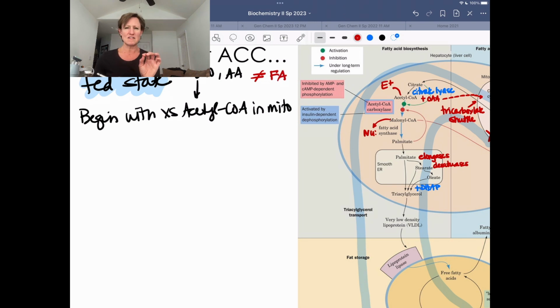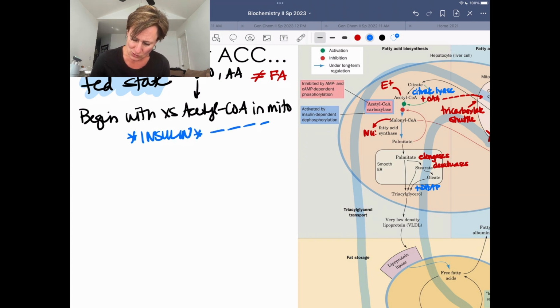If you have broken down fatty acids into acetyl-CoA, you are not going to then be exporting that out to have it remade into fatty acids, okay? Highlighting too, this is controlled by insulin, because insulin is going to be putting us in that dephospho state, okay?